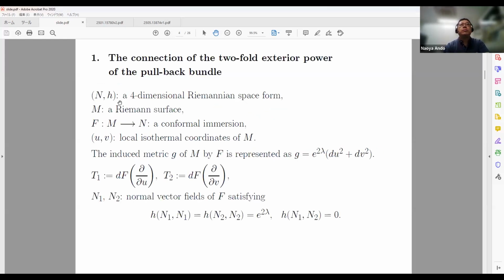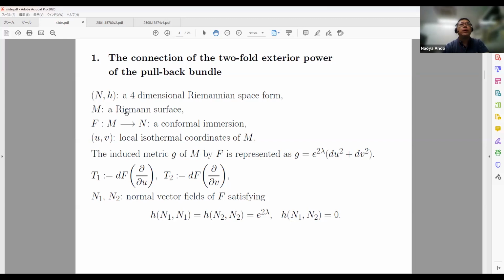Let (N, H) be a four-dimensional Riemannian space form. Then H is its Riemannian metric. If N is flat, then (N, H) is the Euclidean four-space. In the other cases, N is either the four-sphere or four-dimensional hyperbolic space.